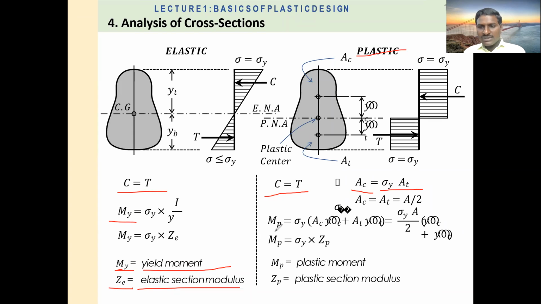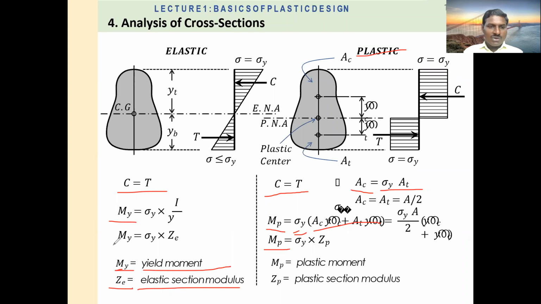Similarly, we have seen this formula in the design of steel structures and the introduction to plastic analysis of beams and portal frames: stress into area in compression plus area in tension into centroidal distance. By using this, we can calculate the plastic moment.